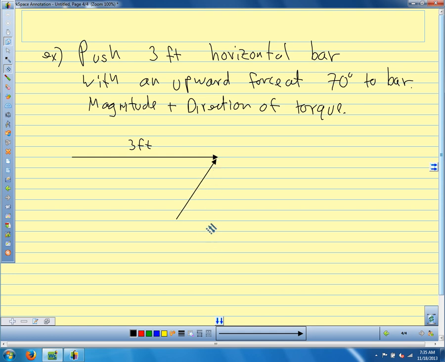Did I say with an upward force, I didn't say the magnitude of the force, an upward force of 20 pounds. So here's F, we're pushing with 20 pounds, and this angle is 70 degrees.